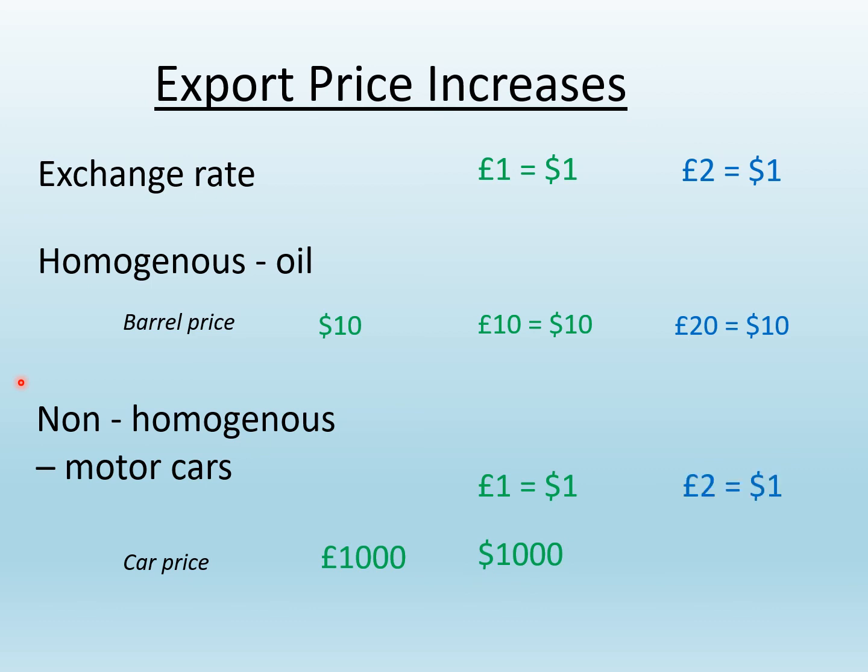If the pound now depreciates to £2 to the dollar, you have a choice. You can keep the pound price constant at £1,000, which gives you a dollar price of 500, and potentially makes you more competitive in the US market. Or you can keep your dollar price constant and charge £2,000 in the UK.